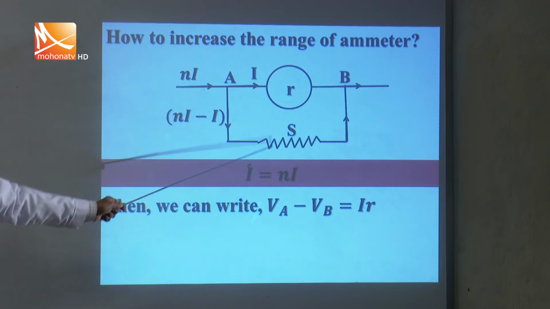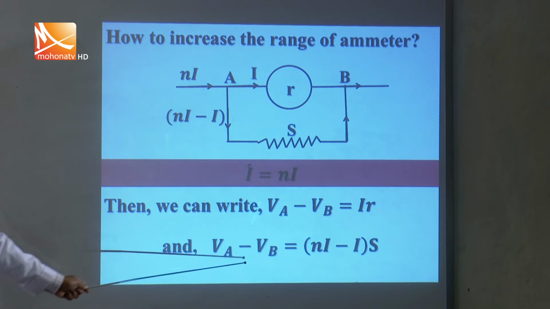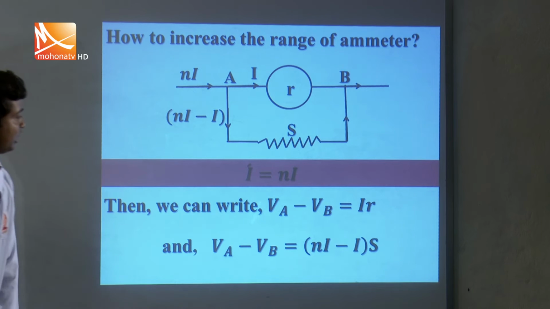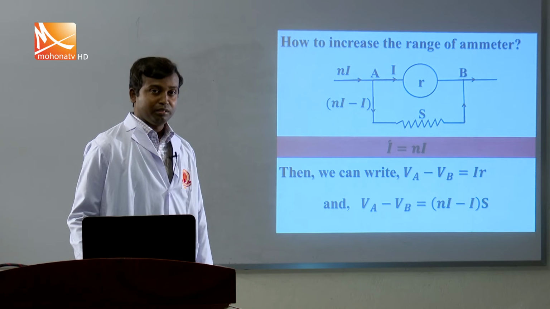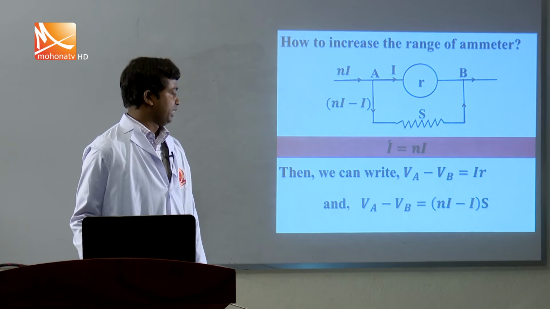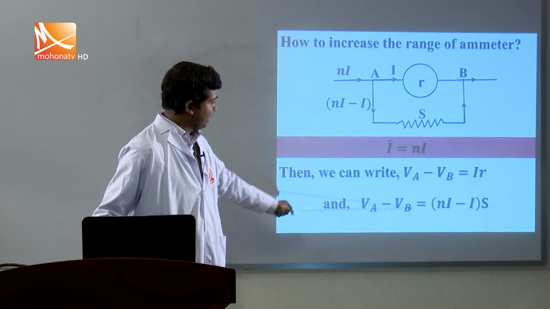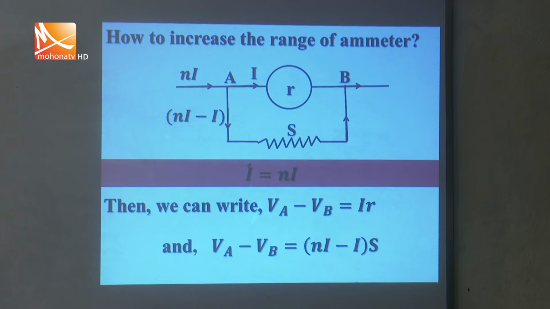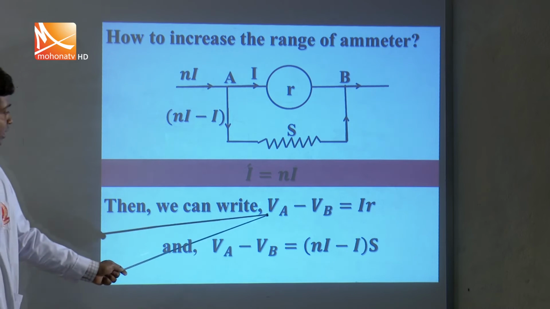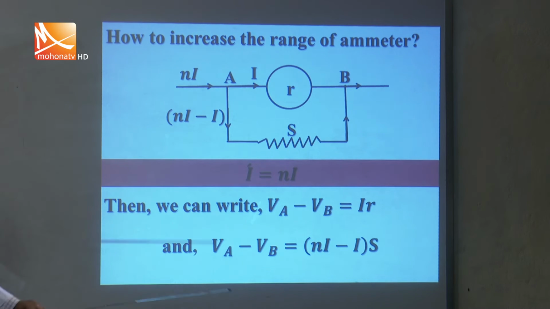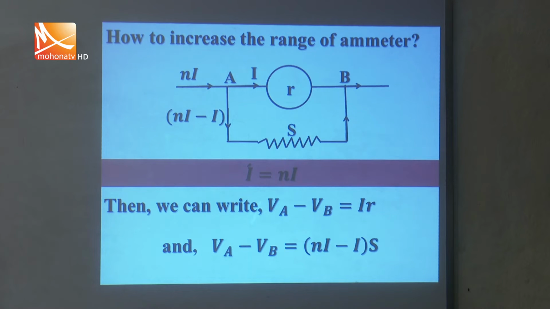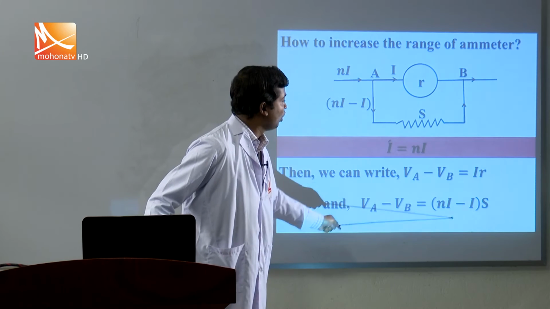And for the shunt you can write VA minus VB equals nI minus I into S. This is the same equation as I studied at the beginning of my lecture. In this case also the left sides are equal, VA minus VB and VA minus VB, so the right sides will also be equal.